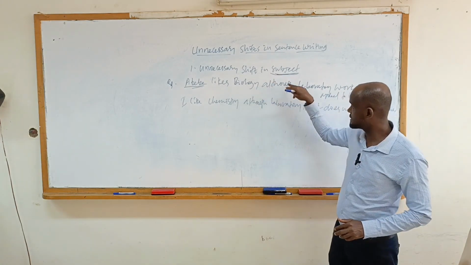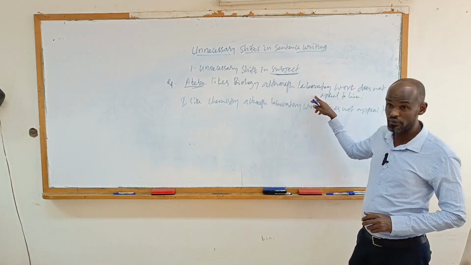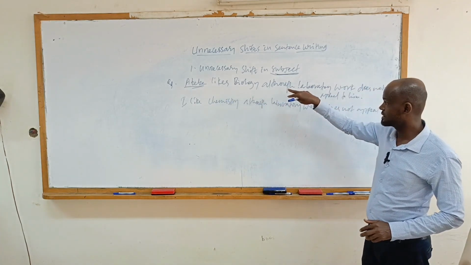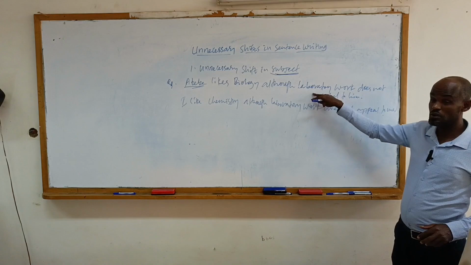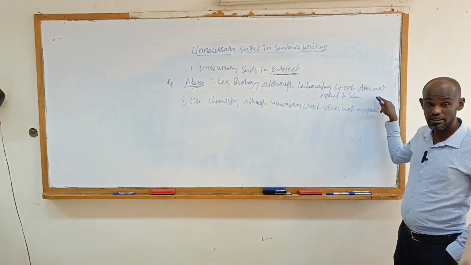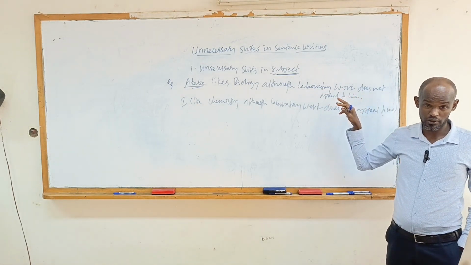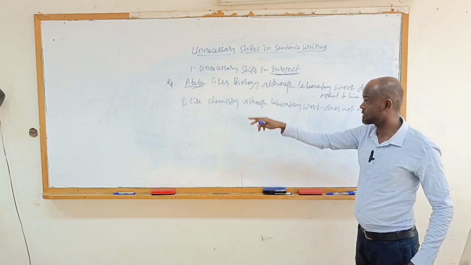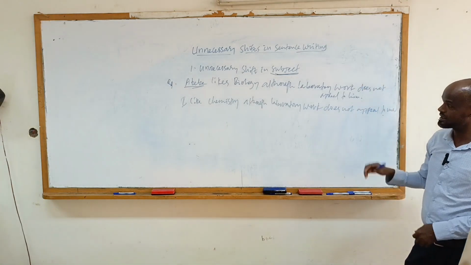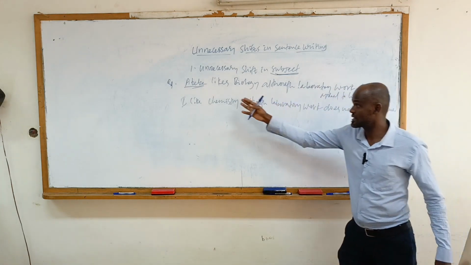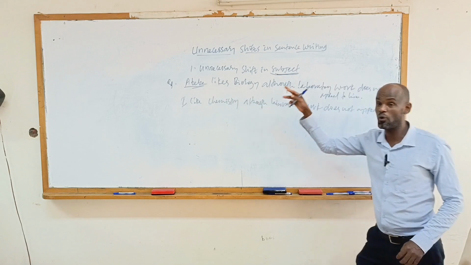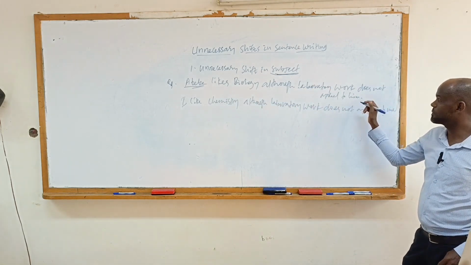To avoid unnecessary shift in subject, we could have said, Ababe likes biology, although he doesn't like laboratory work. Ababe, subject; he refers to the subject mentioned earlier, but unnecessary shift is made from the subject, Ababe, to the object, him.